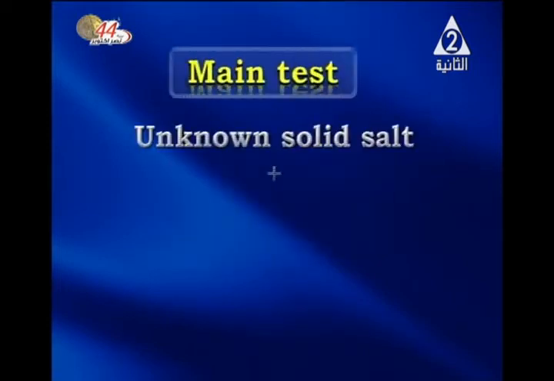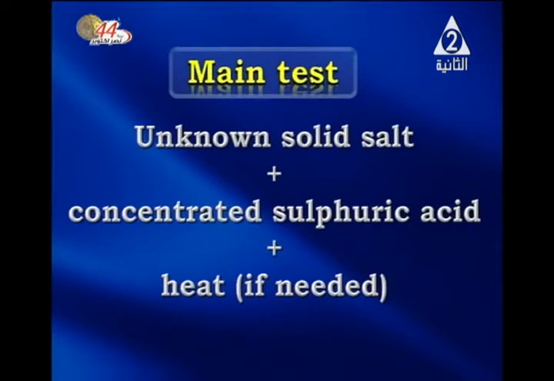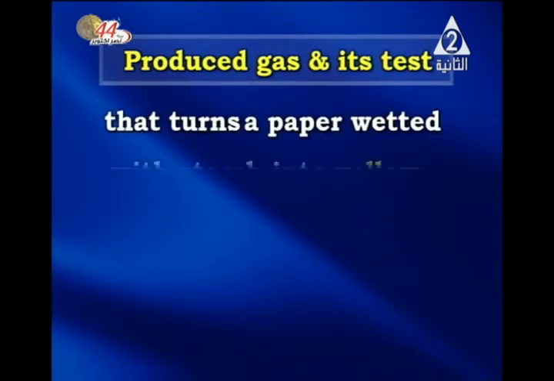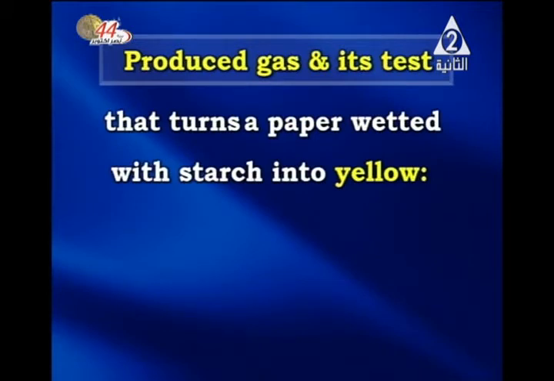Now we are going to discuss the bromide ion. Here the main test is the unknown solid salt plus concentrated sulfuric acid plus heat if needed. Here is the produced gas: the evolution of colorless hydrogen bromide gas that is oxidized partially by sulfuric acid, giving orange-red fumes of bromine that turns paper wet with starch yellow.